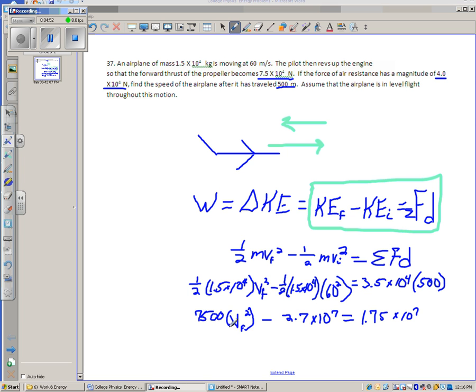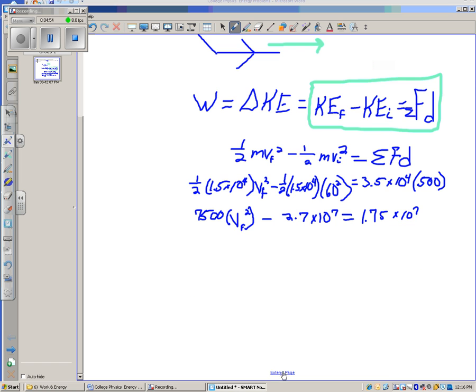All right, so once we put the numbers in there, this is what we come out with. Then we add this to both sides. So once we add that, we should get 7,500 times VF squared is equal to 4.45 times 10 to the 7th. Then two more steps.